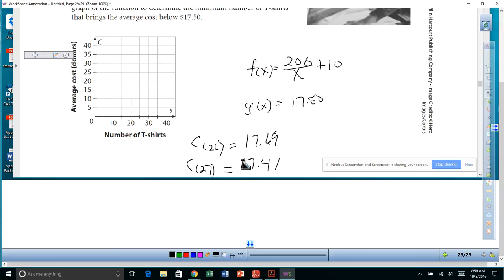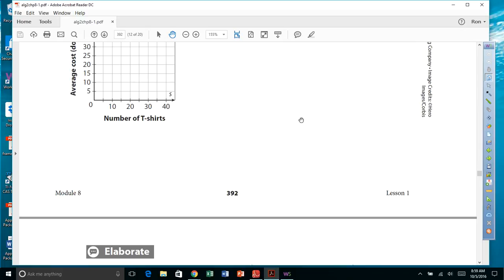Those are approximates, those are rounded. Okay, and we figured out it was 26.7. So he's gonna wanna sell 27 t-shirts to get that average cost below $17.50. All right.